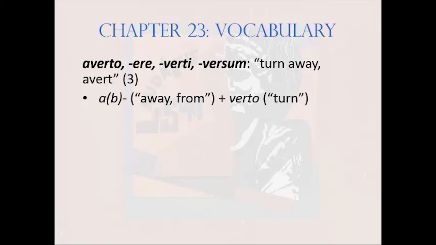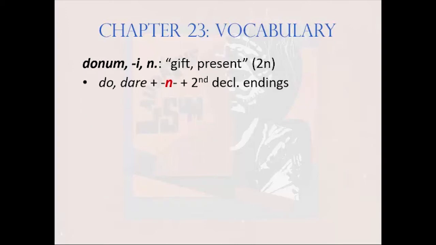The final three items in this vocabulary are all nouns. The first is donum, doni, neuter, meaning gift or present. It's second declension, neuter. It uses the same base as the verb do, dare, to which has been added an n affix and second declension endings. The n affix is used in Latin to form nouns and adjectives.